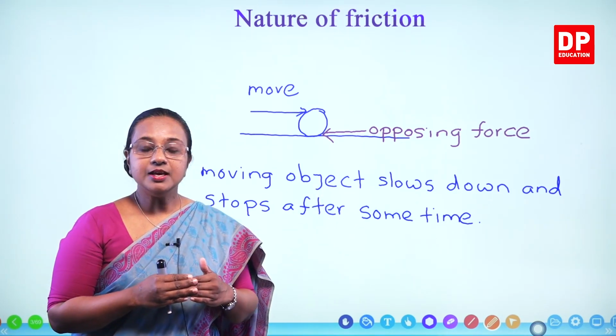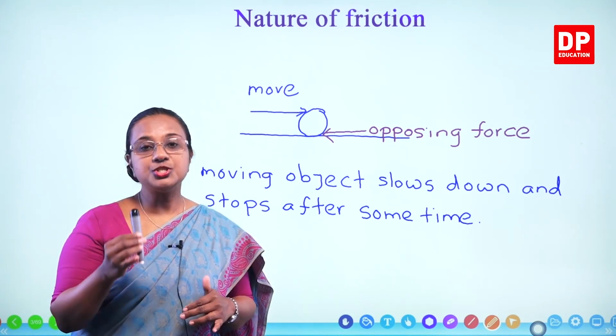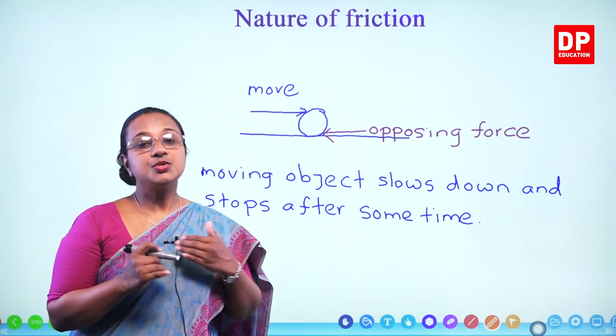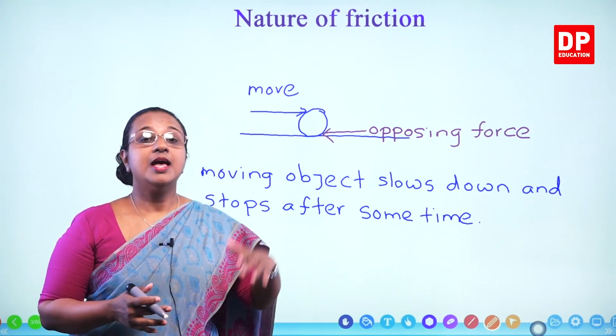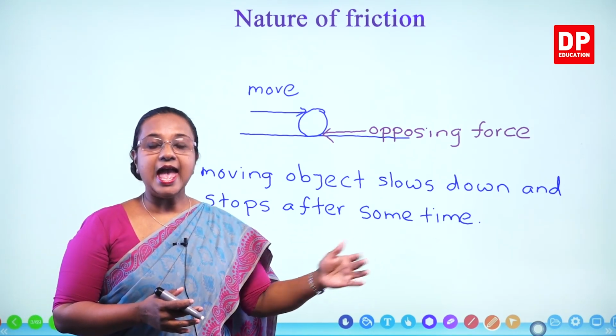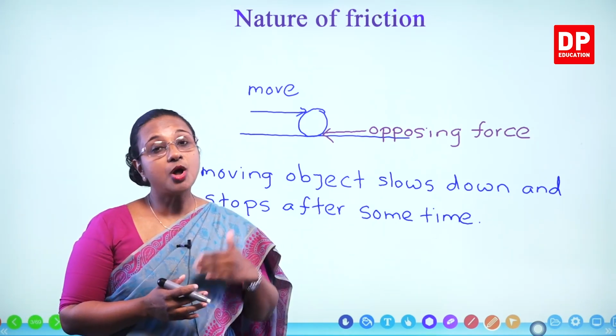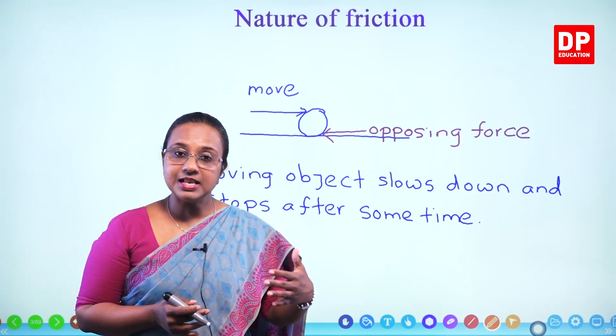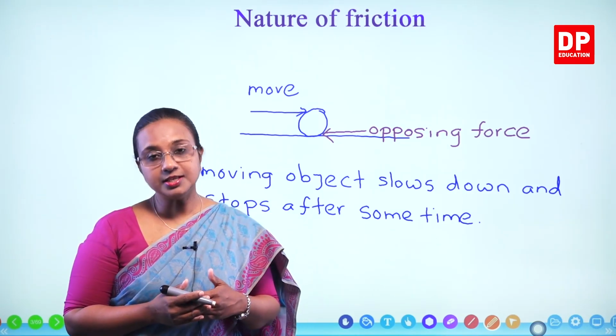Now let's say we push this same pen with a higher force. So what will happen? The pen or the pencil will move again and it will move for a longer distance than the first instance. But still it will stop after some time.